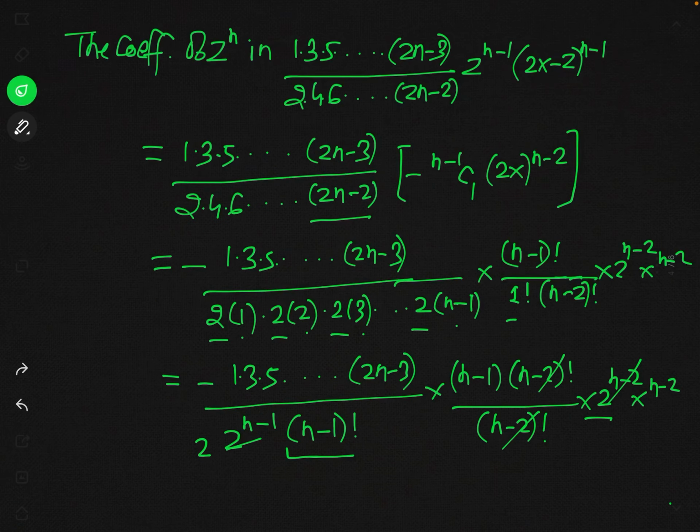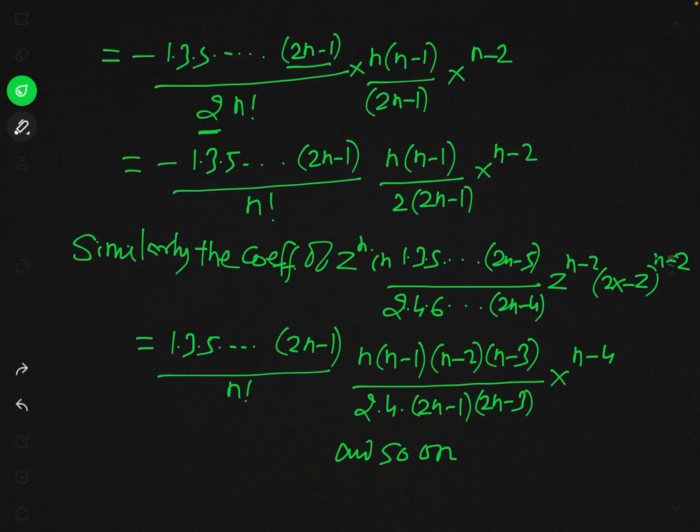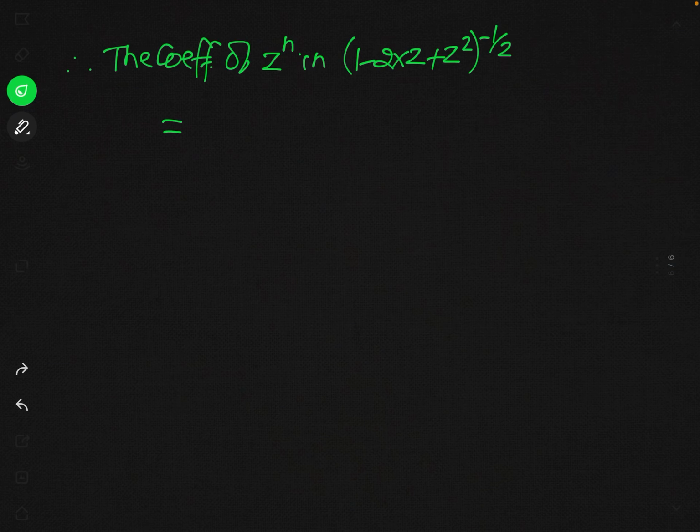So when you write now the coefficient of z to the power n in this, you can see we will simply add these coefficients, and so what will be our result? Our result will be 1 into 3 into 5 into so on into 2n minus 1 divided by factorial n.